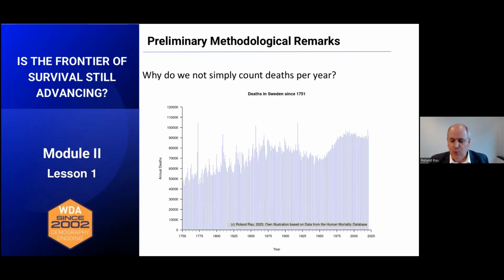So obviously, one of the reasons why we have to use a different measurement is because population size changes over time.